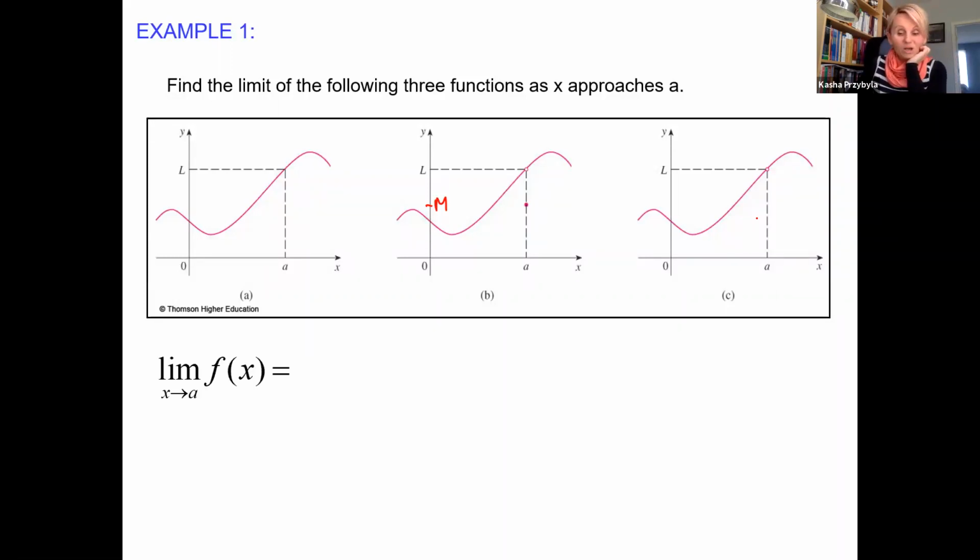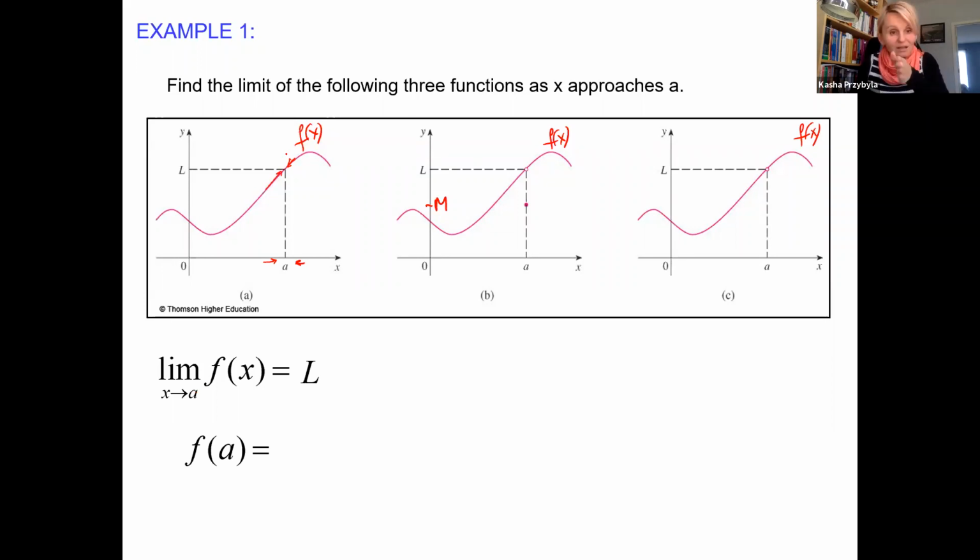Limit of the function f of x. This is of course function f of x, right? That's f of x, that's f of x. Looking at A, what will be the limit of this function as x approaches a? We can see we're getting closer and closer to a and the function is approaching that level, L. Good, L. In this case, what is f of a?